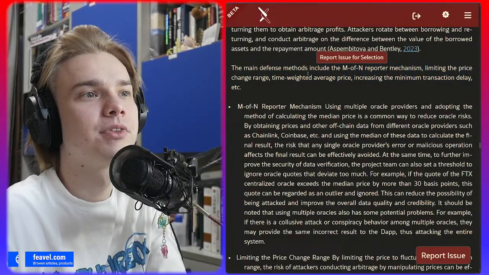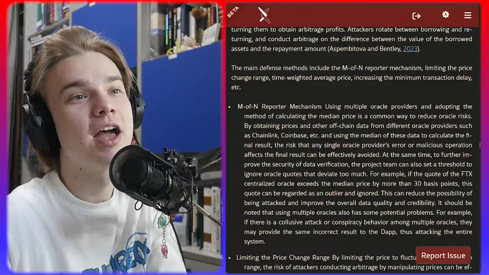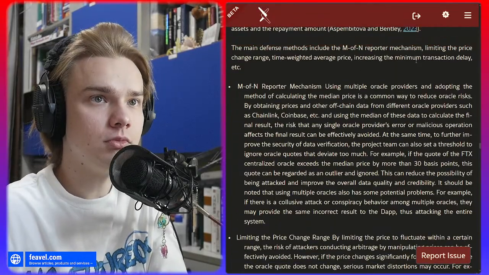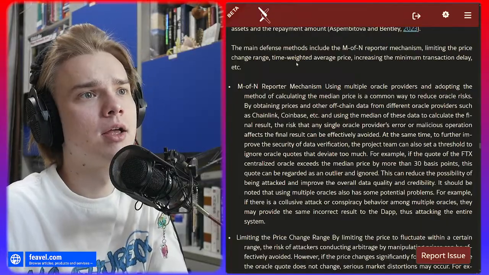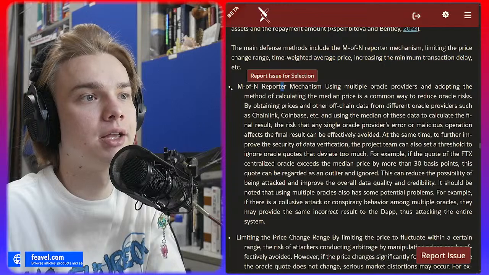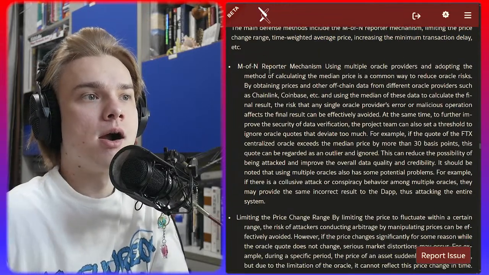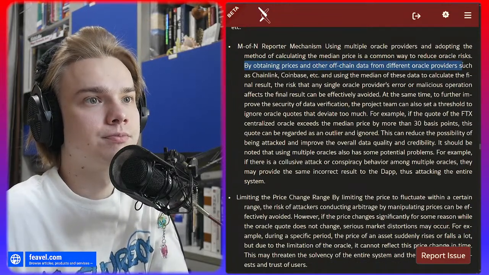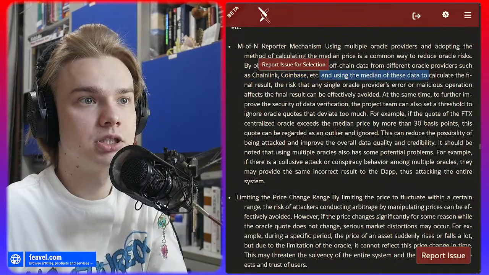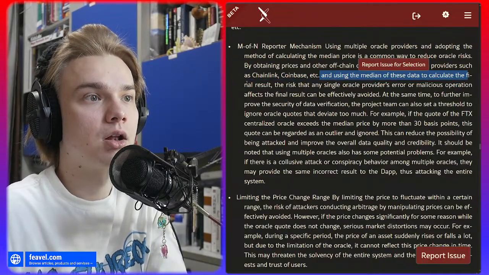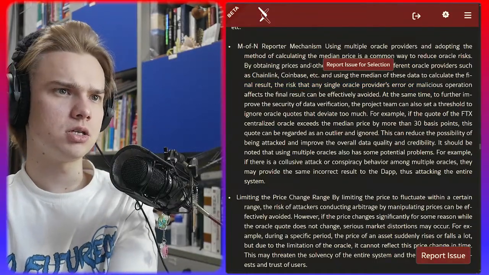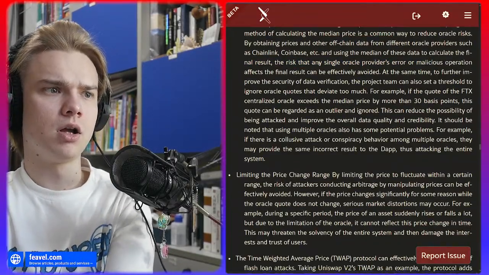The main defense methods include the M of N reporter mechanism, limiting the price change rate, time weighted average price, increasing the minimum transaction delay, etc. By obtaining prices from multiple sources like Chainlink, Coinbase, etc., and using the median of that data to calculate the result, the risk of any single oracle provider's error is reduced.